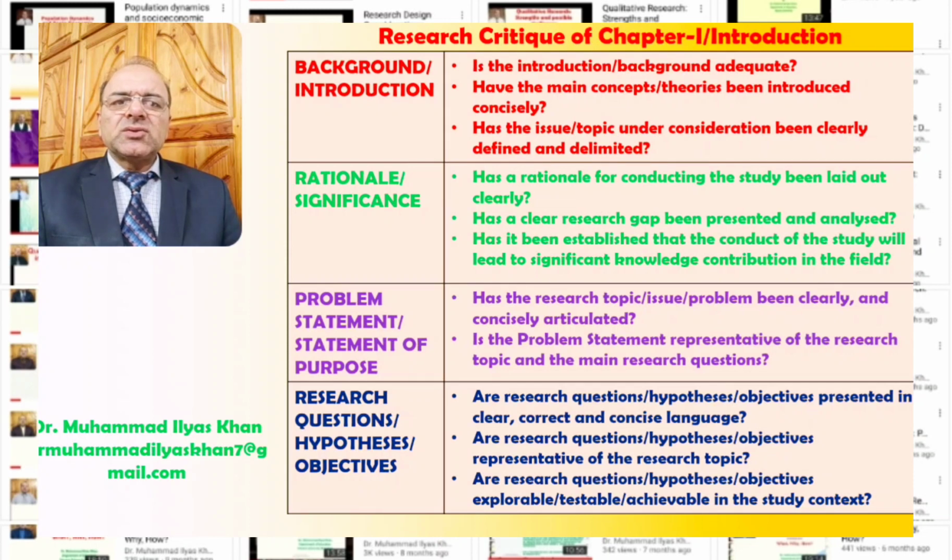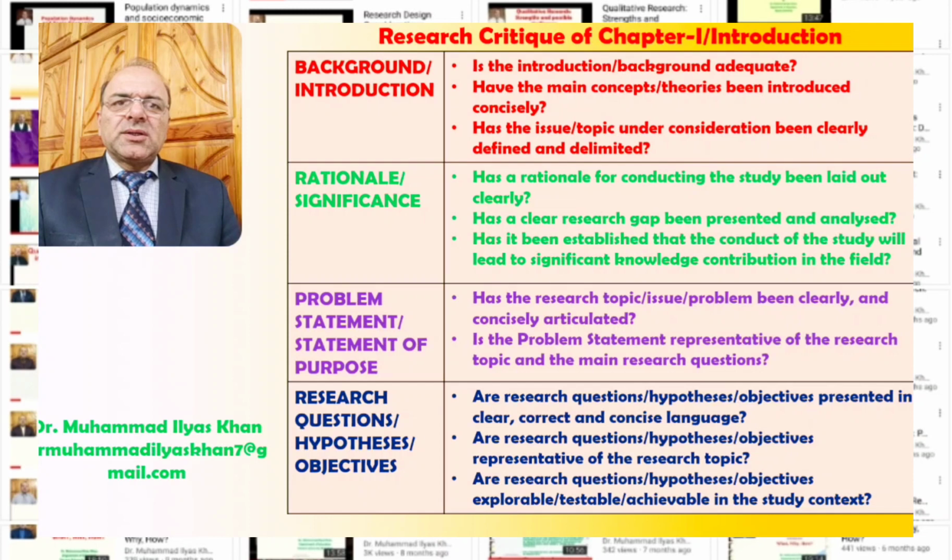And lastly, the research questions, hypotheses, and objectives. Research questions, research hypotheses, and research objectives are important aspects of a research report. These are the sections that actually give clear direction to the process and the product of research. So it is important that these sections are clearly reported.